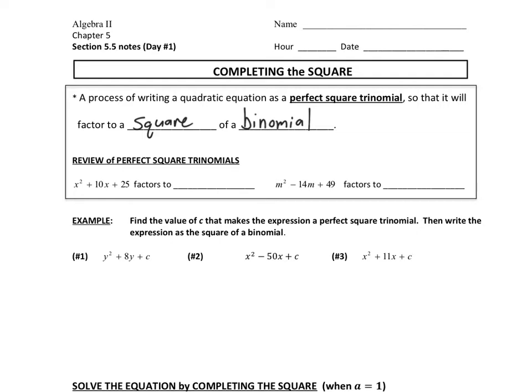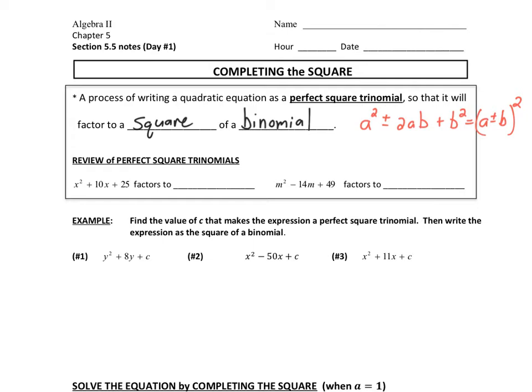So the form of this is a squared, and then there's a plus or minus here because it could be a plus sign or a minus sign, and then 2ab plus b squared. Okay, this is generally what the trinomial will look like. And when you factor it, it will be a plus or minus b squared.